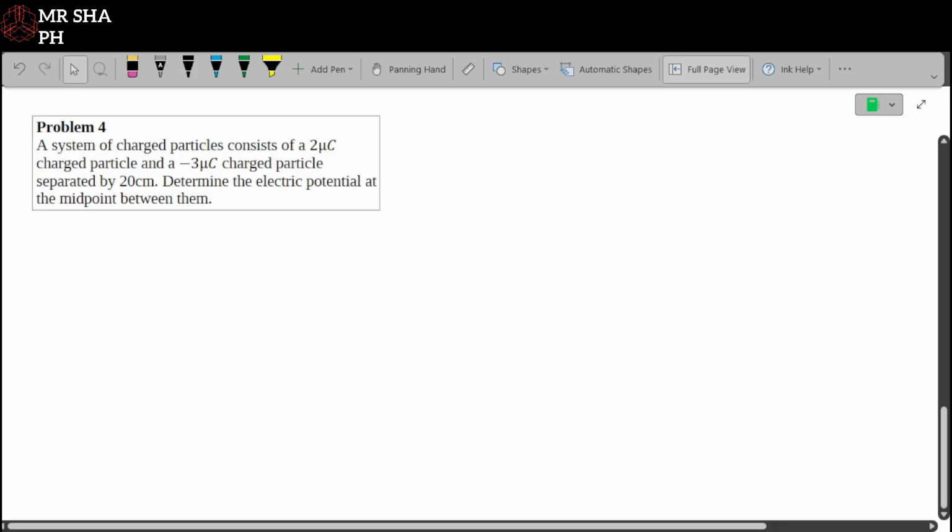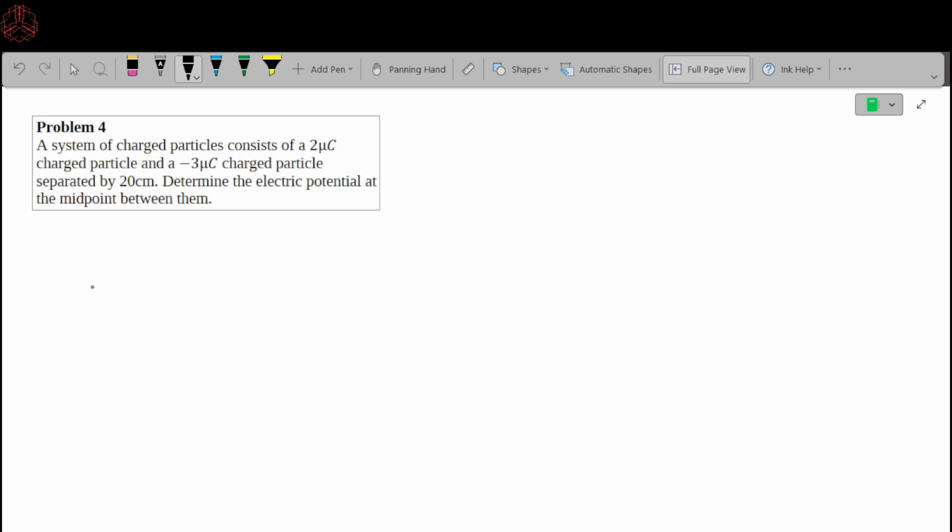Okay, so moving on to problem 4. Here we have a system of multiple charged particles. A system of charged particles consists of a 2 microcoulomb charged particle and a negative 3 microcoulomb charged particle separated by 20 centimeters.